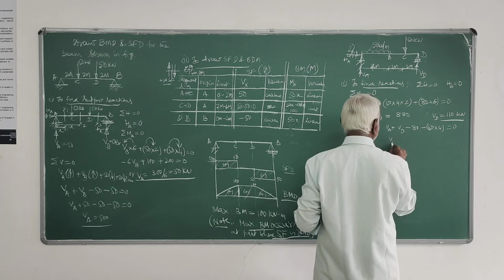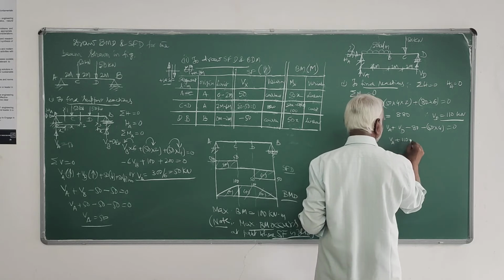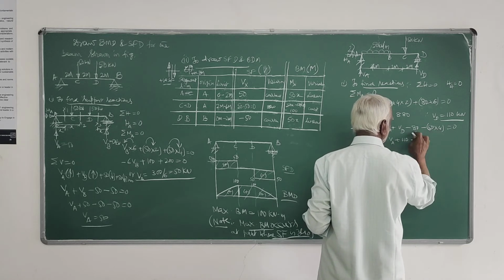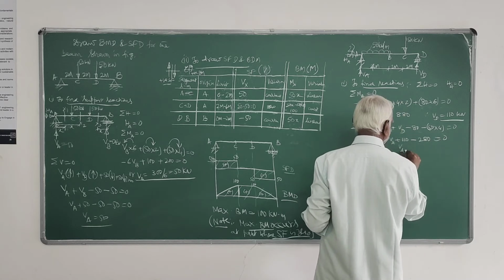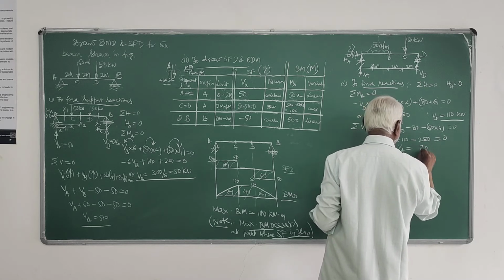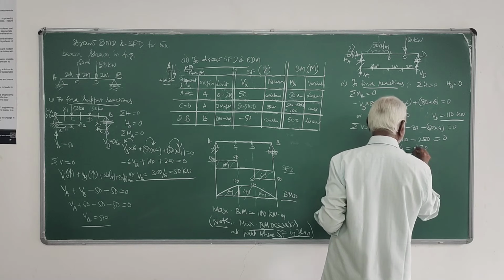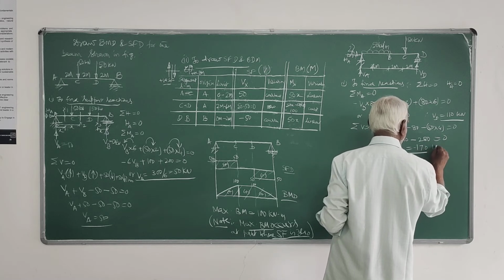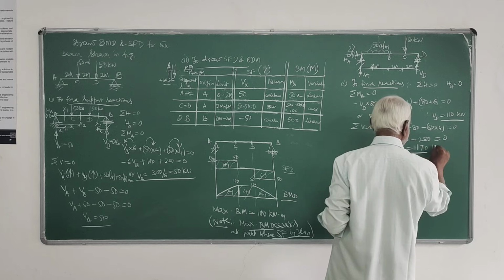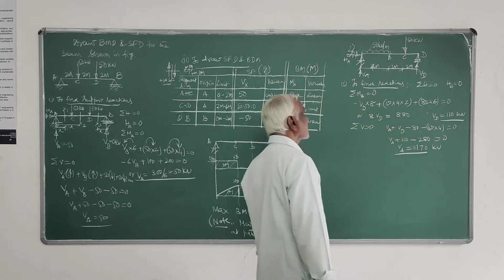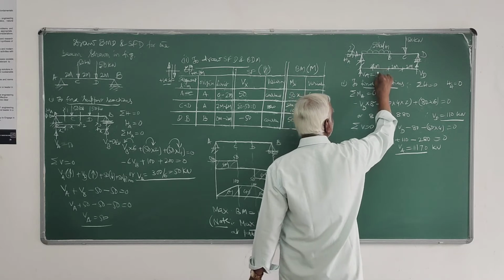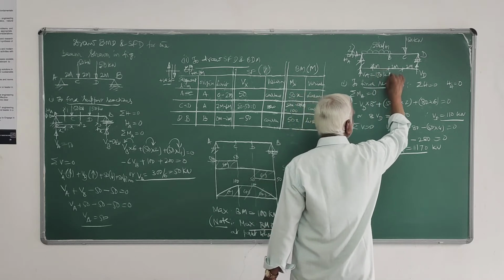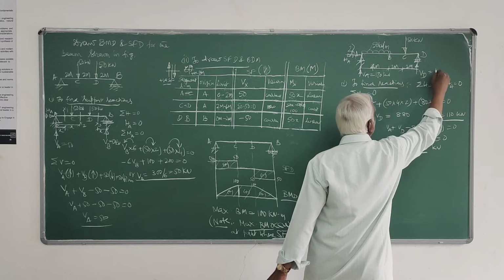So VA plus 110 minus 280 equals 0, or VA is equal to 170 kilonewtons. So these are the vertical reactions: 170 kilonewtons, and this is 110.